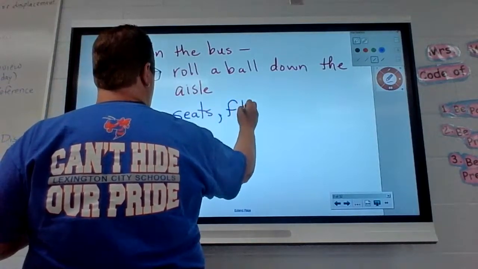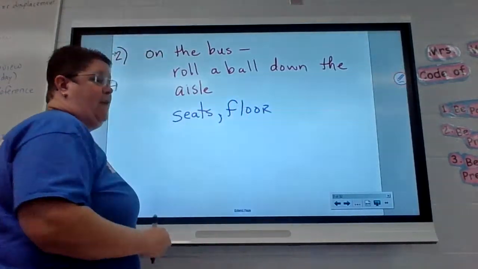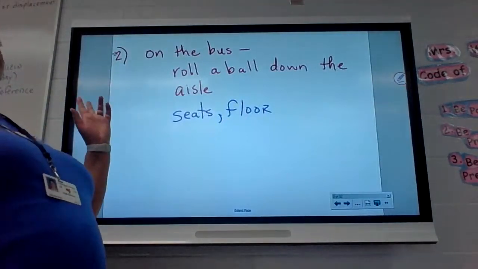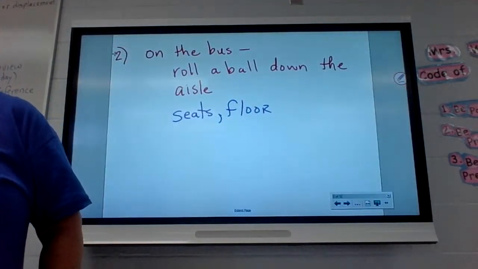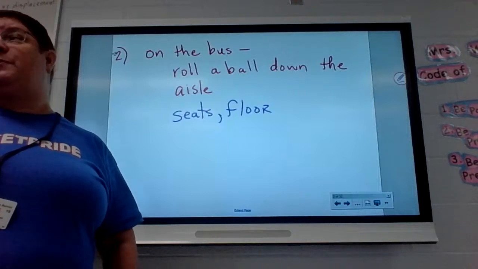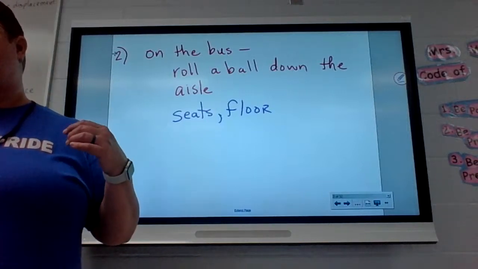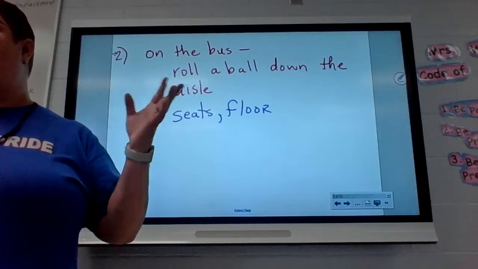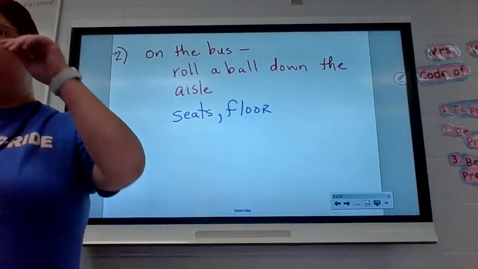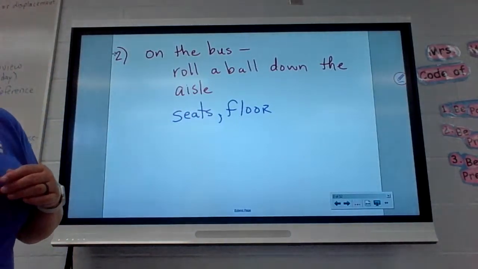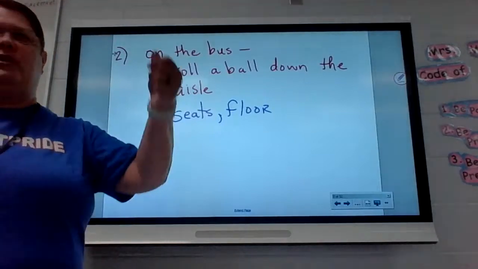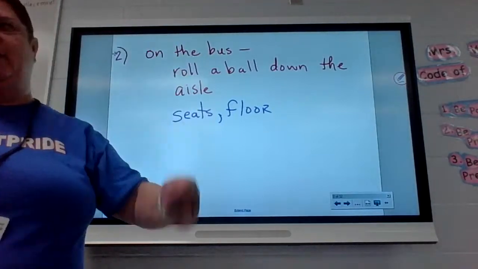Again, if you're focused on the floor, watching the ball, are you going to see the roof? Now, I would never use the people or their feet, because they're going to move. So never use the people. Now, the steering wheel is going to be doing what if the bus is moving?